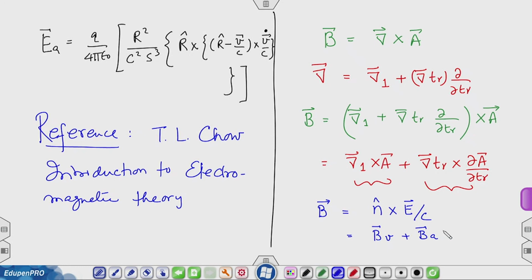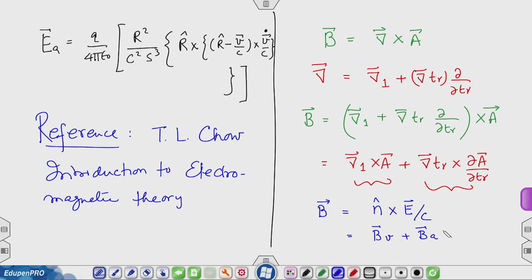So, that represents radiation. I hope I have given you how to go about this derivation. The best way is to do it yourself once. I will be giving some problems in the assignment that will make you comfortable with this.